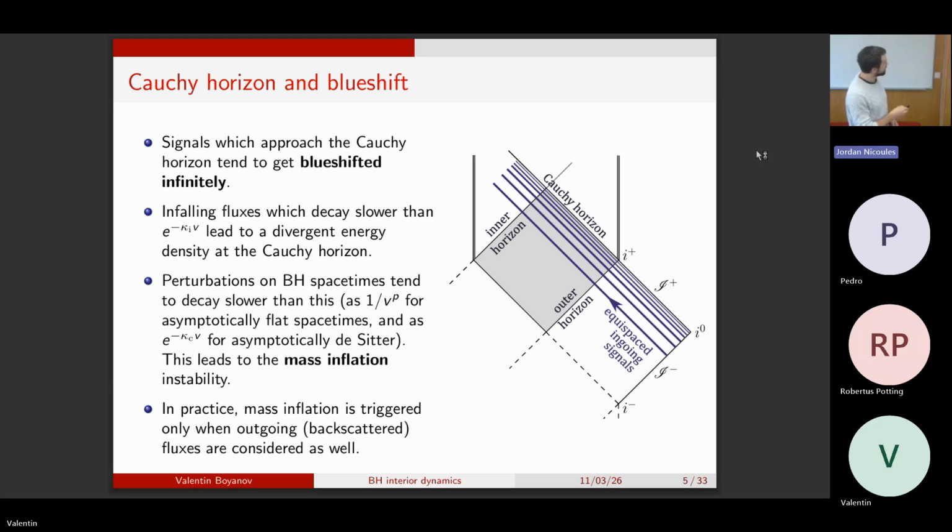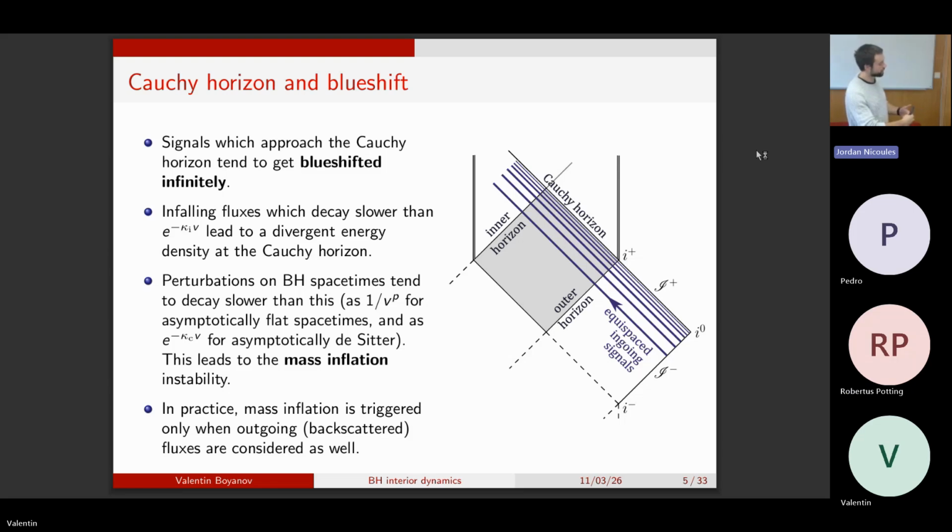As long as this decay is slower than this exponential here, with the surface gravity of the inner horizon, which happens also for cosmological cases when the cosmological constant is very small, then you get an infinite density at the Cauchy horizon.